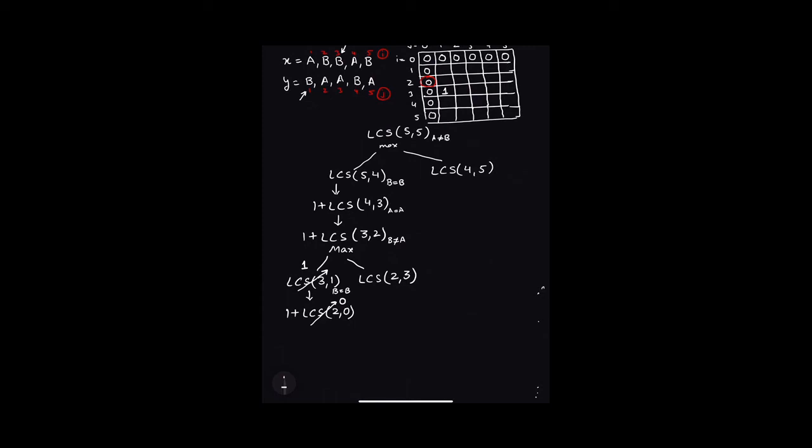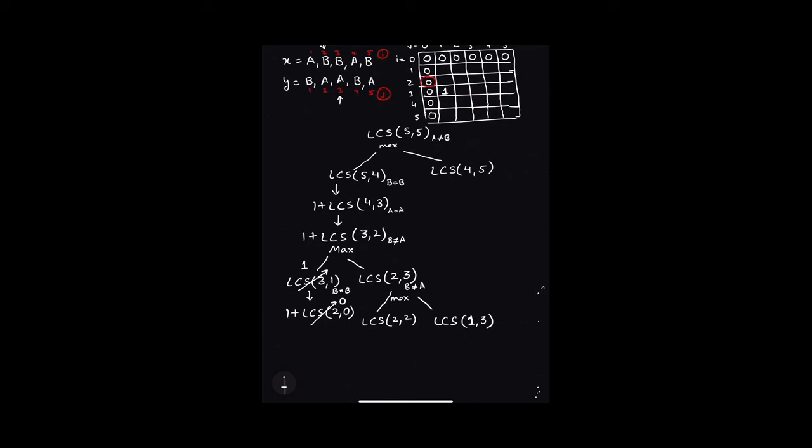Now we have to find the value of LCS 2, 3. For LCS 2, 3, at the 2nd position B is there, and at the 3rd position A is there, and B is not equal to A. So we are going to find the maximum value where my values will be LCS 2, 2 and LCS 1, 3.